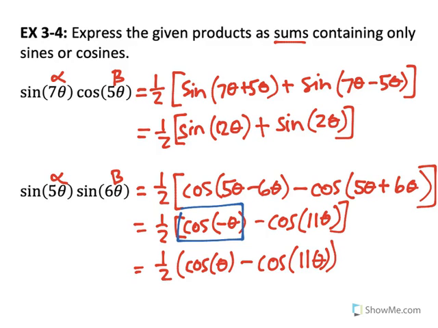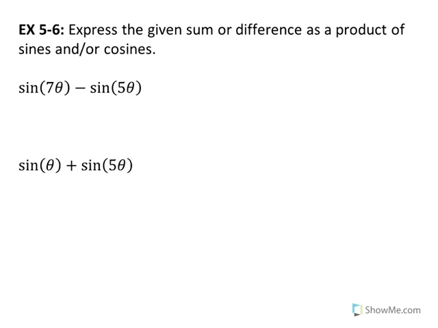Okay, for 5 through 6, it says, given the sum or difference of a product, or express the given sum or difference as a product of sines and or cosines. So on this one here, we have our sine minus sine in our sum to product.